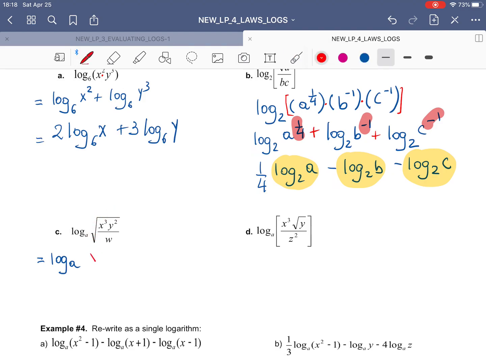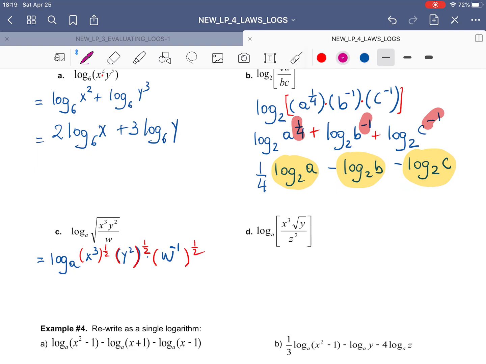So we have x to the power of 3 to the power of 1/2, and then we have y to the power 2 to the power of 1/2, and we have w to the power of -1, since we're writing it as a product, then we are bringing a negative exponent in here to power 1/2.